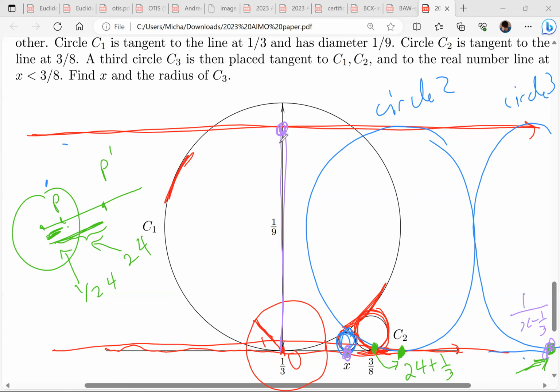I mean, it's not drawn to scale. It's a bit misleading, but what's that?